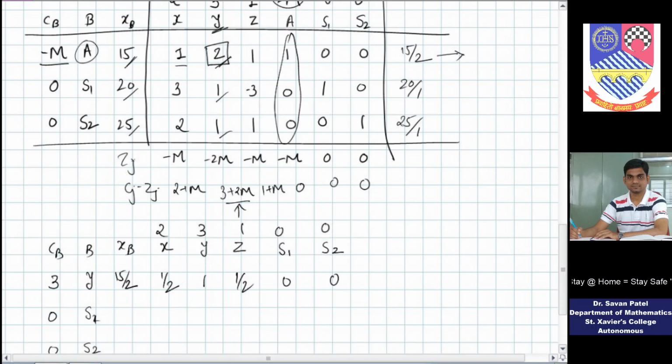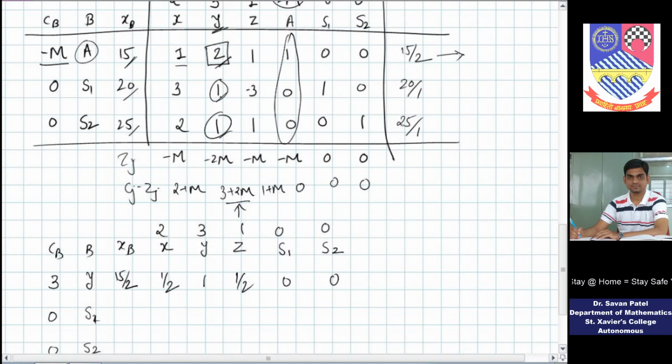Now to make this quantity and this quantity 0, we will apply row operations. So here all we have to do is subtract this row from this row.